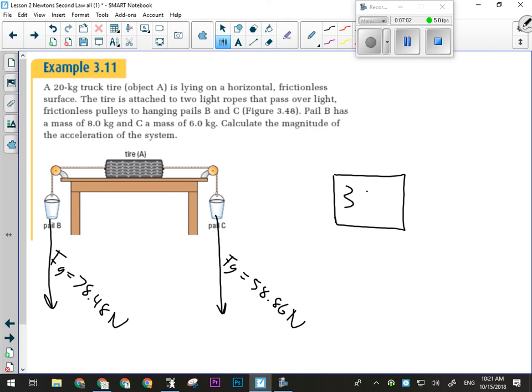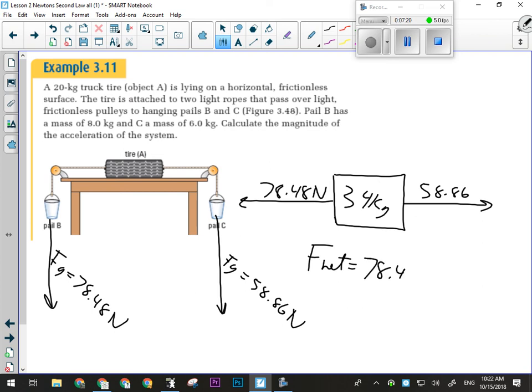This is a 34 kilogram system being pulled this direction by 58.86 newtons and this direction by 78.48 newtons. So we'll have 78.48 minus 58.86, which gives us 19.62 newtons as our net force.